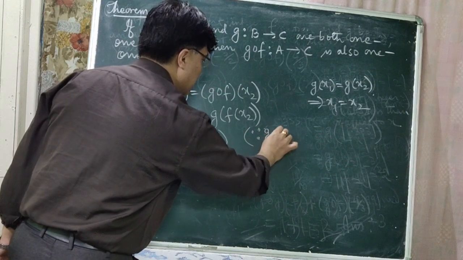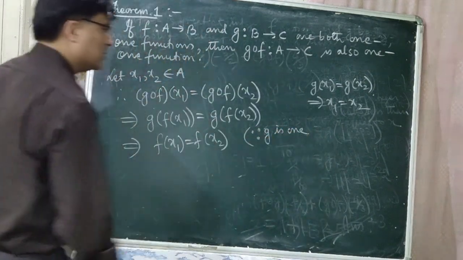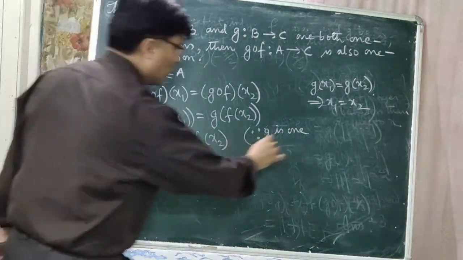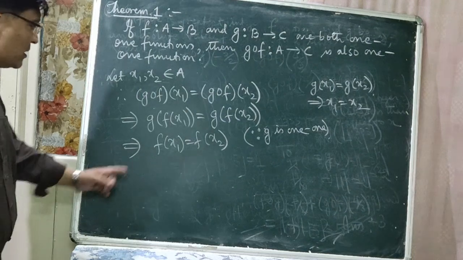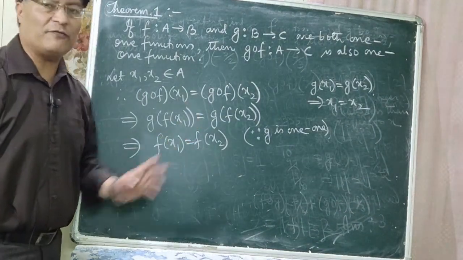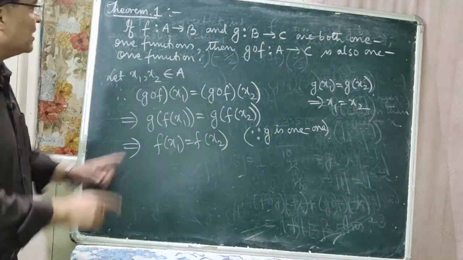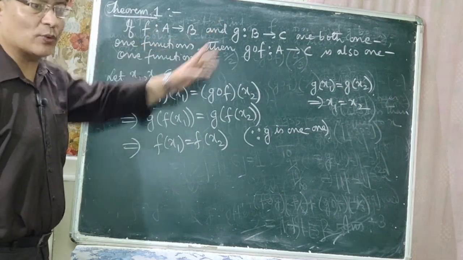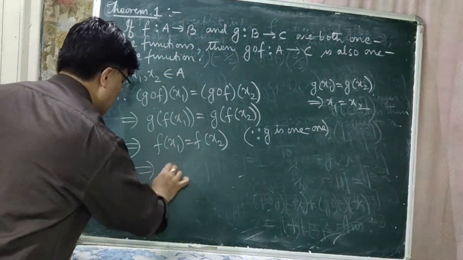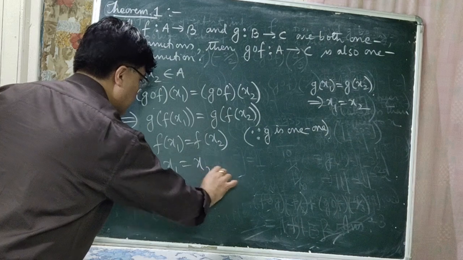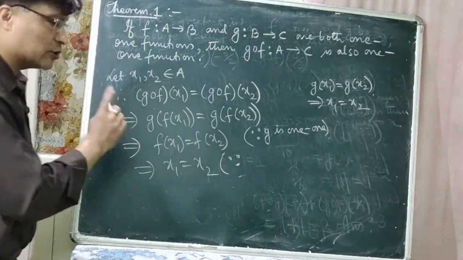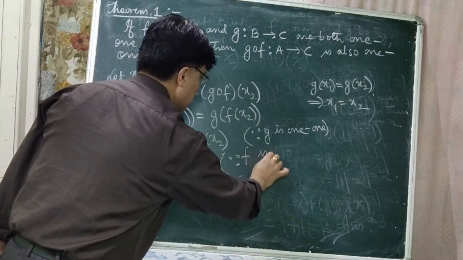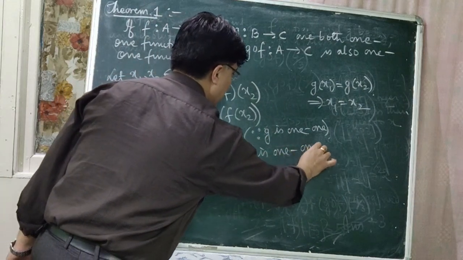Since g is 1-1. Again, since f is also a 1-1 function, we can write that x1 is equal to x2, since f is 1-1.